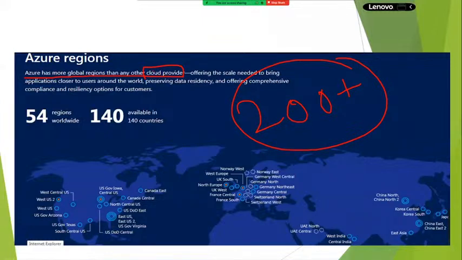It is offering scalability. Bring your application closer to customers, which means we can provide better performance and better service. If any service is down in our local data center, they can fix it on an immediate basis.